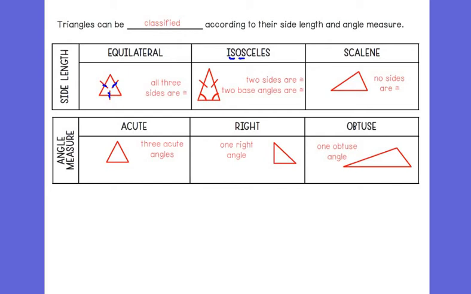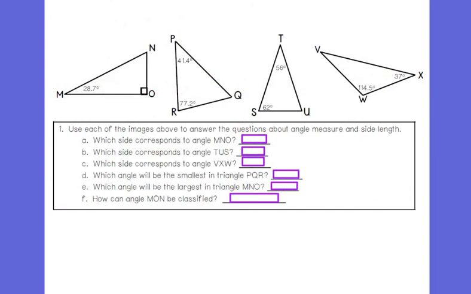All right, let's practice with our new knowledge here. I have 4 triangles here, and A says which side corresponds to angle MNO. So first, what triangle am I even looking at? The first one. And I need to know what side corresponds to angle MNO. What letter of the angle am I looking at? How did you know N?